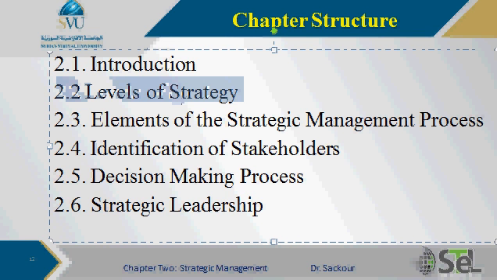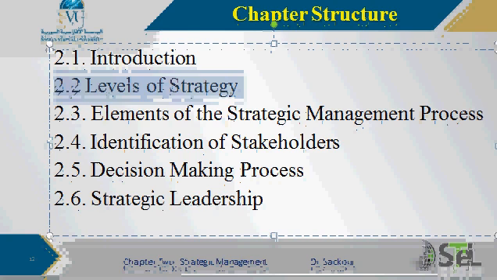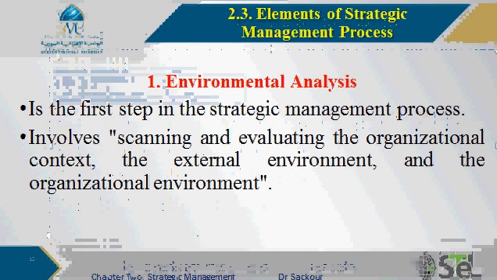And we will identify decision-making process, and we will have some discussion about strategic leadership factors. Okay, guys. So we carry on, and we start talking about the elements of strategic management process.